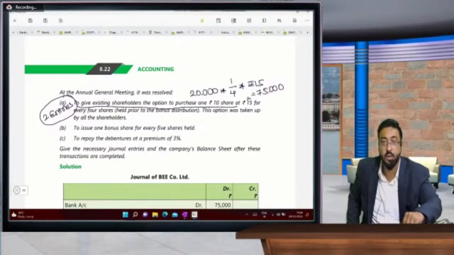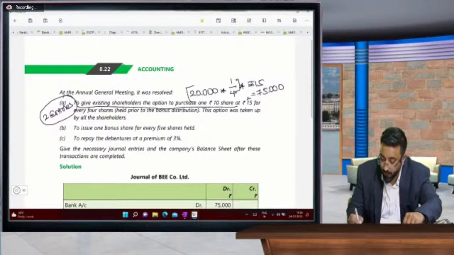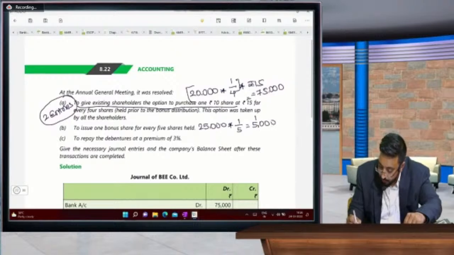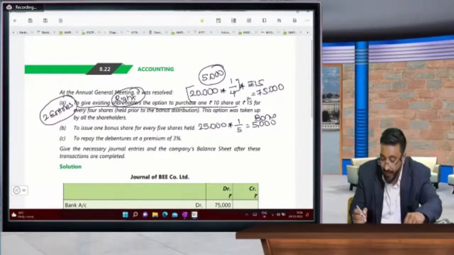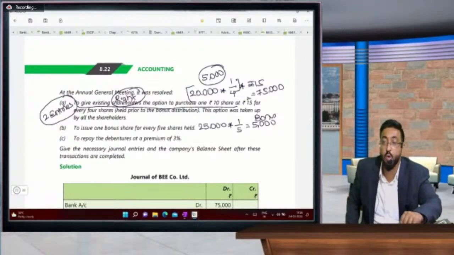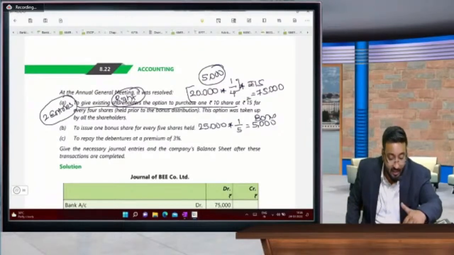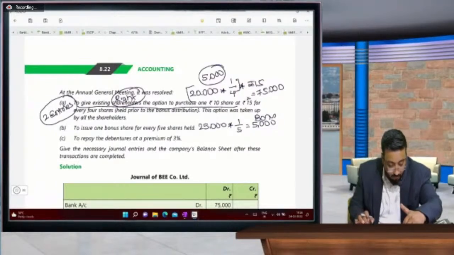Now how many shares are there now, beta? 25,000 shares. 20,000 into 1 by 4 means 5,000, so 25,000 shares into 1 by 5 gives the bonus shares. See beta, these 5,000 shares are called a rights option. Rights shares: when you are offering shares to your existing shareholders, they are called rights shares, and then you are giving bonus shares. And what is the amount of premium?